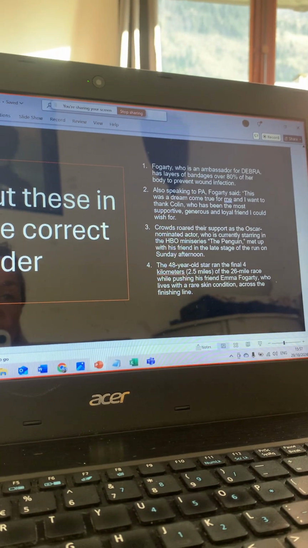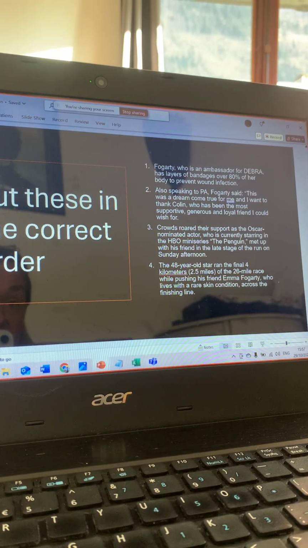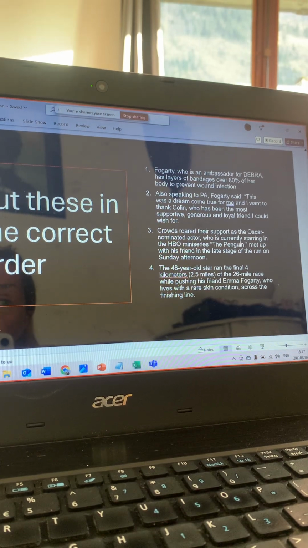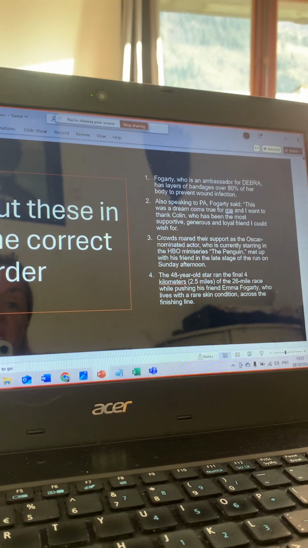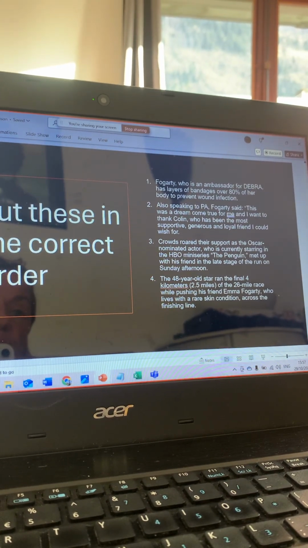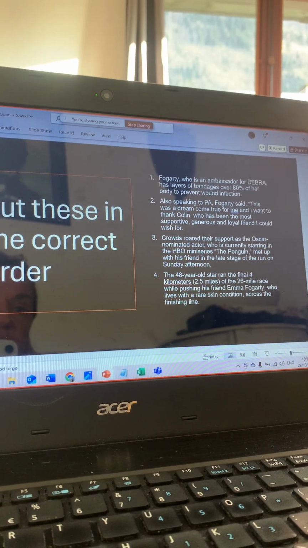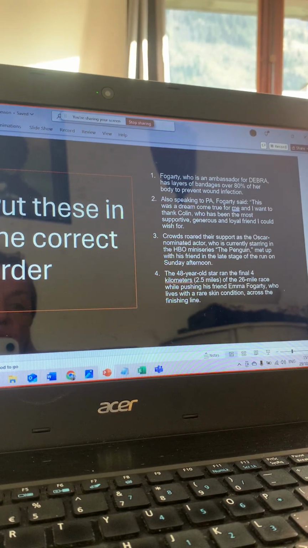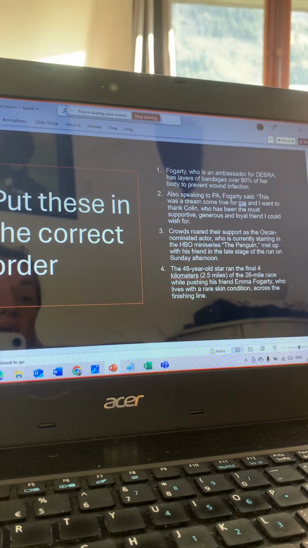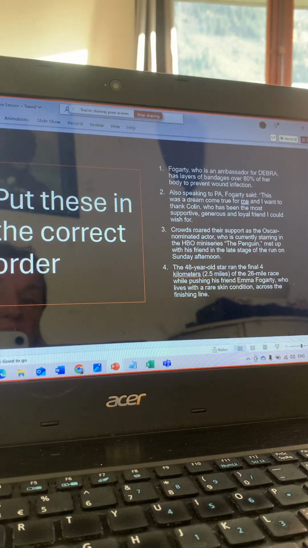If you start off with Fogarty, who is an ambassador for Deborah, has layers of bandages over 80% of her body to prevent wound infection. Very, very interesting, and also sad, and also uses a statistic, but it isn't very clear, is it? The fact that number 2 says also, it must be talking about other information. So if you started with that, it would just be confusing. And then if you're going to read a text, you want to know what it is you're reading about.